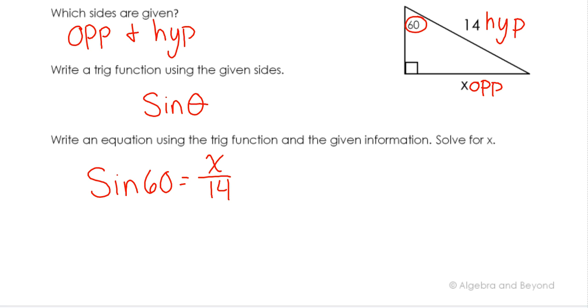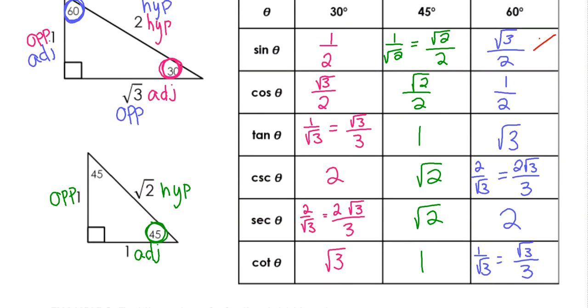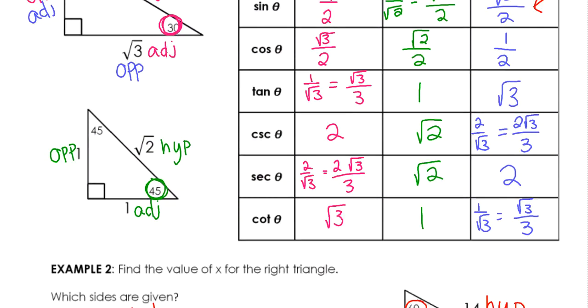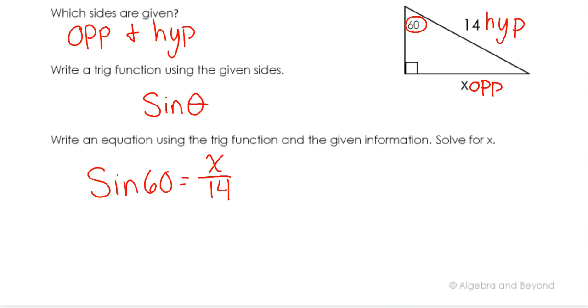So when I solve that, I know that the sine of 60 from my table up here is square root of 3 over 2. So I can substitute that in and say the square root of 3 over 2 is x over 14. So we are substituting in what we know the sine of 60 is. That's why those special angles help us a lot.